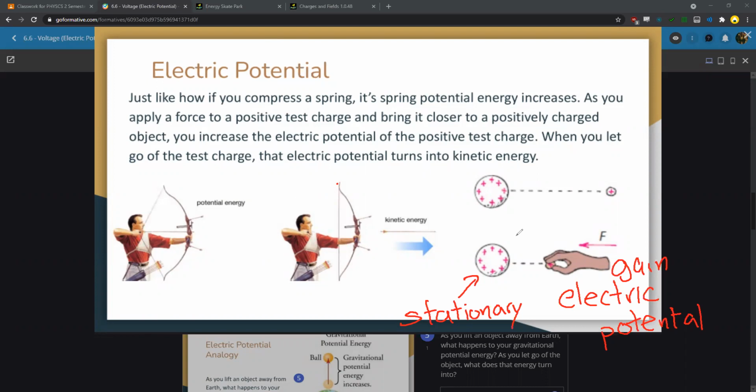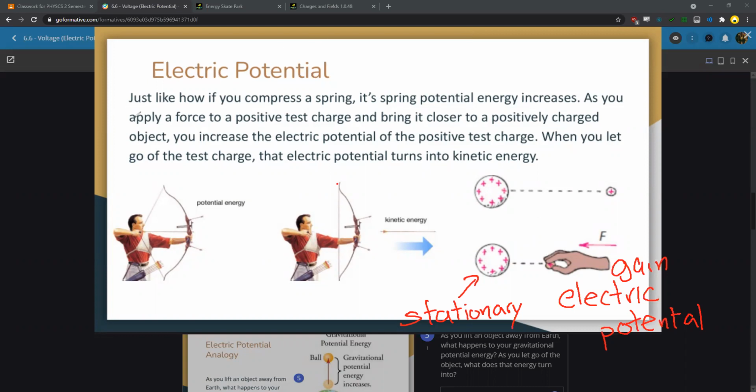What if I were to just let go of this charge? Yes, the electric potential turns into kinetic energy of the charge, right?